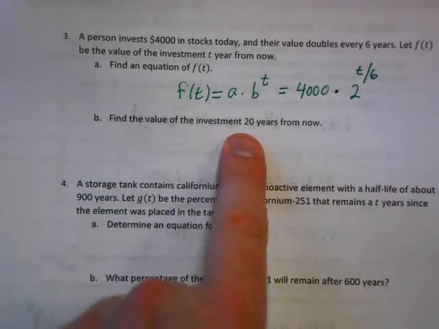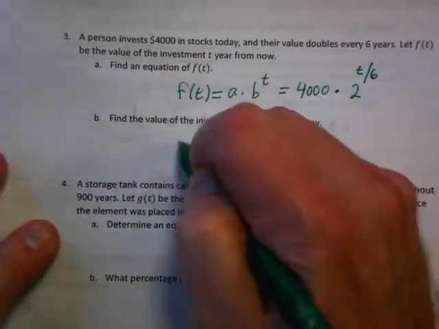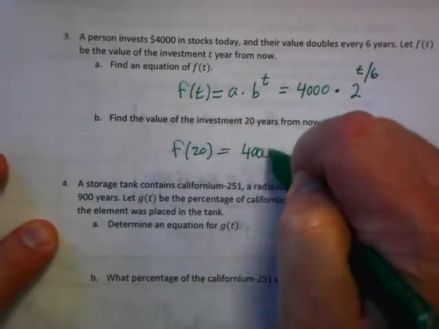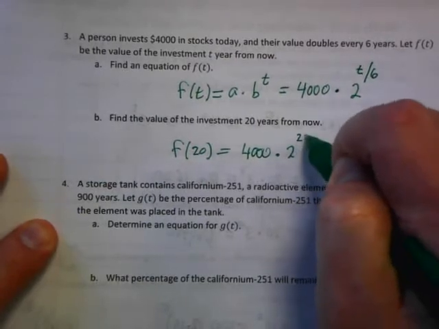Find the value of the investment 20 years from now. Well, to find the value, I would plug in 20. That's going to be 4,000 times 2 to the 20 over 6.